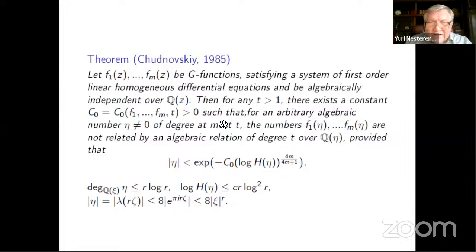And we have a contradiction with this condition on T. So we can take T depending on R, and finally this will be correct. And we find the algebraic relation. But the Chudnovsky theorem says that it's impossible. This is the final contradiction.